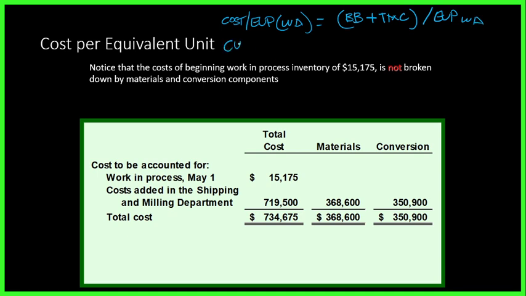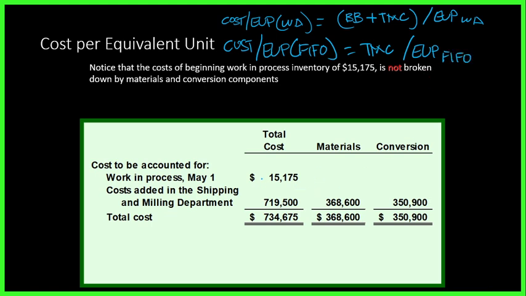Now, if you are supposed to compute for the cost per EUP under FIFO, because it's already first in, first out, don't include the beginning balance. Okay? You just use the total manufacturing cost or cost this month, divided by your EUP using first in, first out.